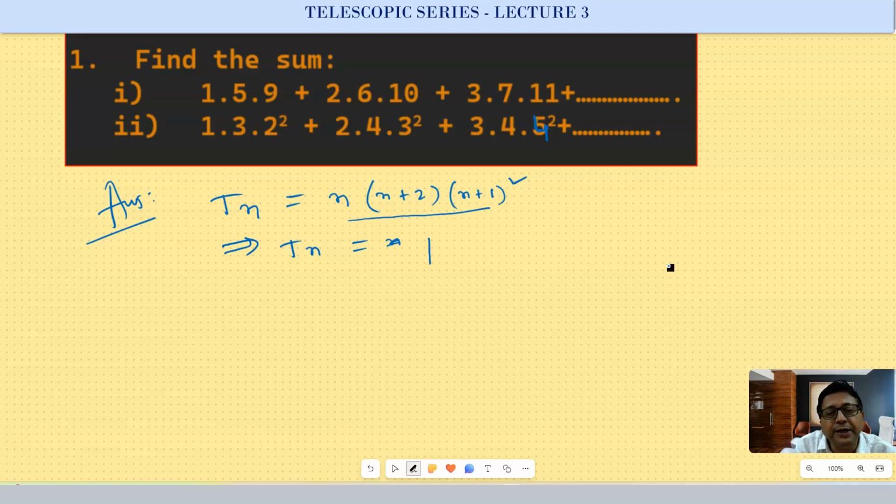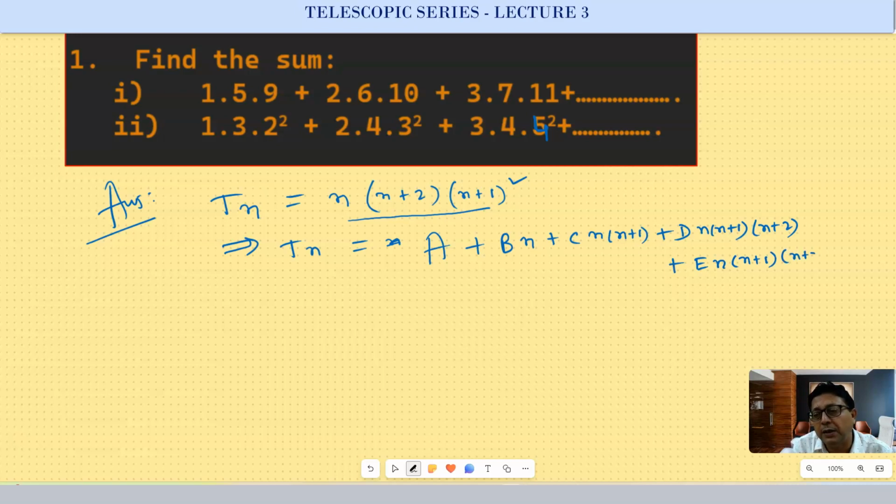Otherwise, you write Tn in the form a plus bn plus c n into n plus 1 plus d n plus 1 n plus 2 plus e n plus 1 n plus 2 n plus 3. We will not proceed more because it is a 4th degree polynomial, so we need this only.